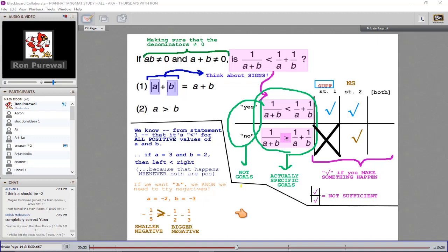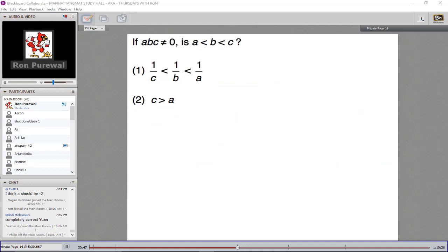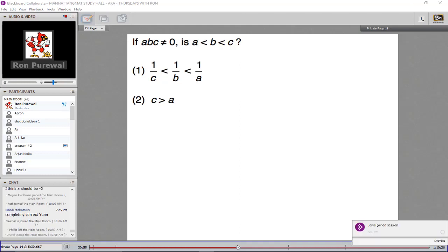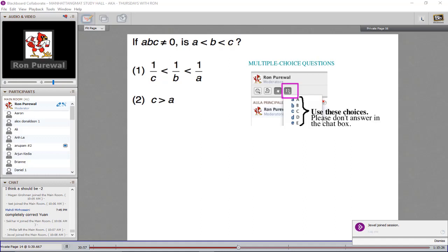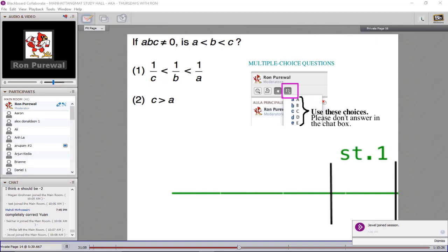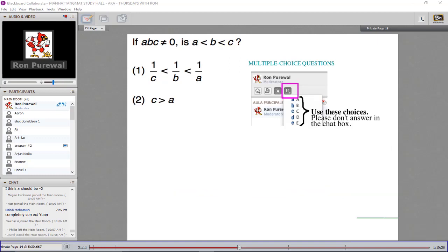Let's do another problem. How about this one? Remember where you find the answers to multiple choice questions. Ladies and gentlemen, those are here. Also, this is another yes-no question. So as with other yes-no questions, you should set up this device. You should do it all the time.